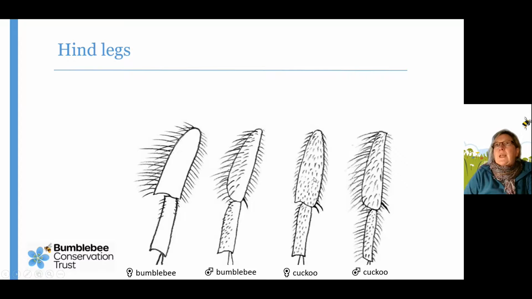The cuckoo female here and male on the right, obviously this is only a very simple sketch, but it effectively shows that they're much hairier legged, basically, and those tibiae are much more dull and densely hairy than their social counterparts.